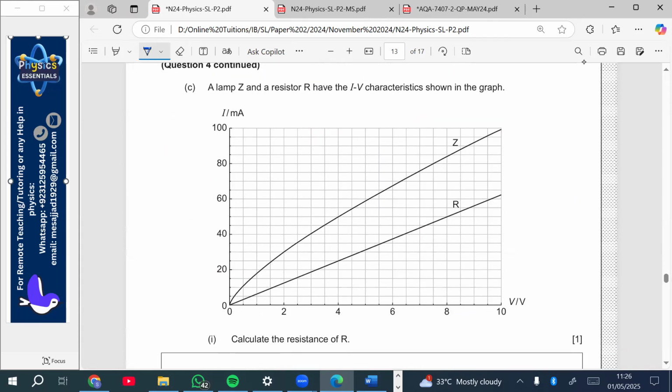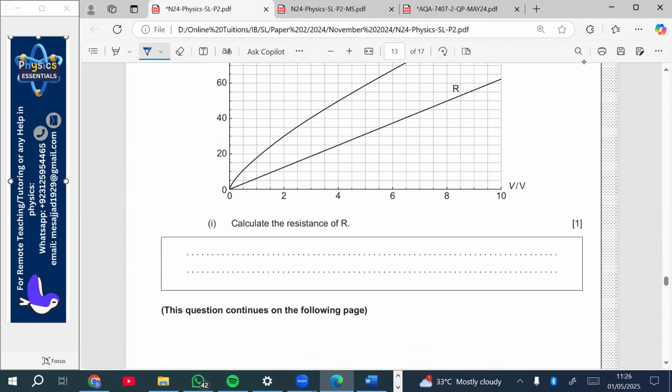A lamp Z and resistor R have the IV characteristics shown in the graph. Calculate the resistance R. So how can you calculate the resistance R? You can calculate it using the gradient of the graph. So if I take the gradient, I'll take this as my final point, 40, 45, 50, 55.